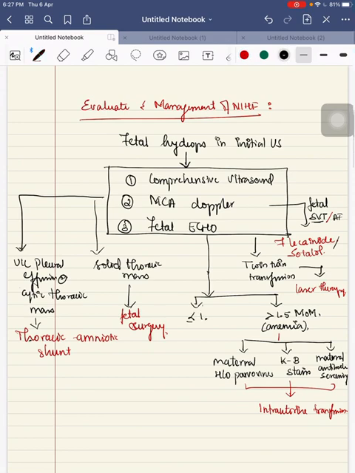Okay, if the MCA Doppler is less than or equal to 1.5 multiples of median, then you have to do a maternal RPR. This RPR is done to find out whether the mother has syphilis.